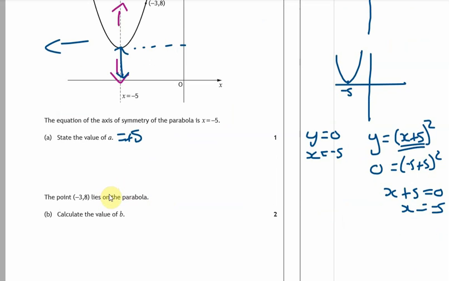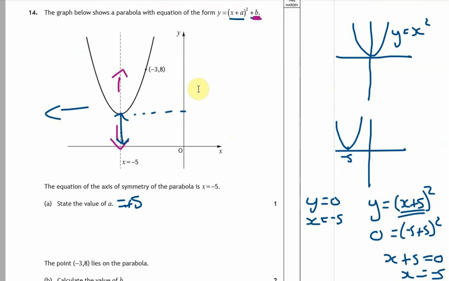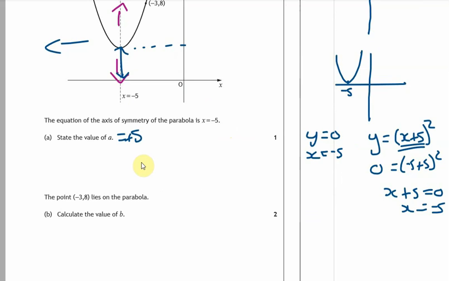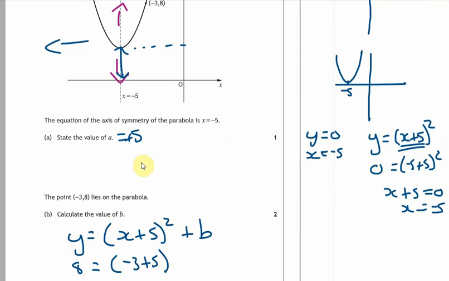The next question says we've got a point (-3, 8) to calculate the value of b. So how much has this graph been moved up by? Well, we know that our equation of the line is y is equal to (x plus 5) squared plus b, and we know that when y is 8, x is equal to -3. Simple as that.